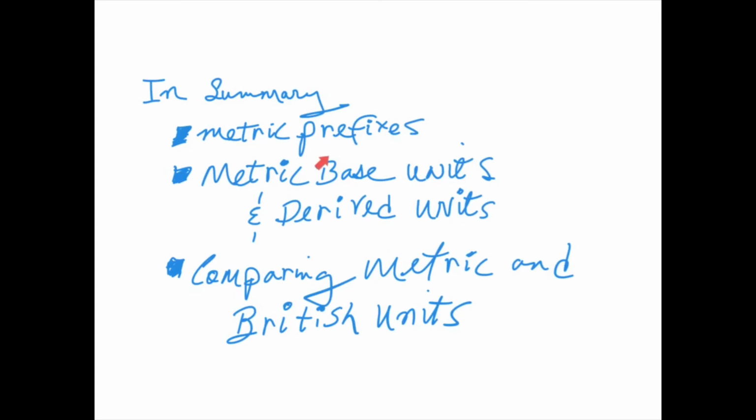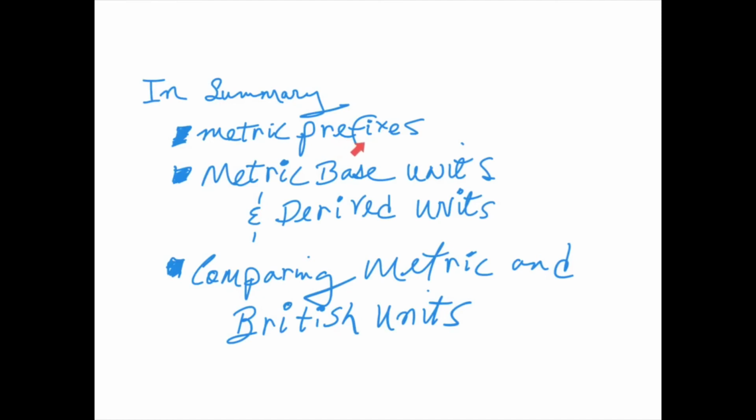In summary, let's discuss the metric prefixes. Metric prefixes are all powers of 10, just like our base 10 number system. We will primarily use kilo, which is thousands. 1 kilo anything is 1,000 of those things. 1 kilogram is 1,000 grams.